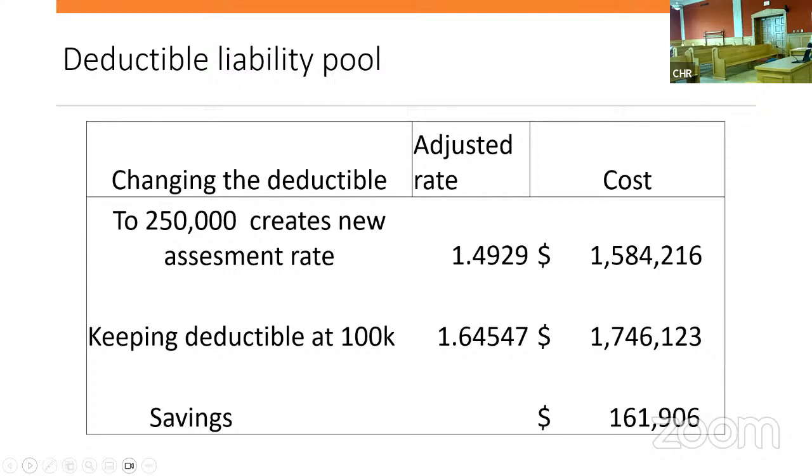So I would not recommend changing our deductible. If you paid out just that one, yeah, extra 150 on all 7, in a worst case scenario, you're pretty close to $1 million while you're trying to save $162,000. Yeah, I hear you.